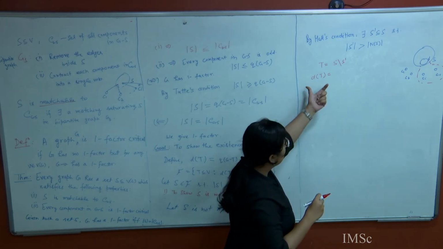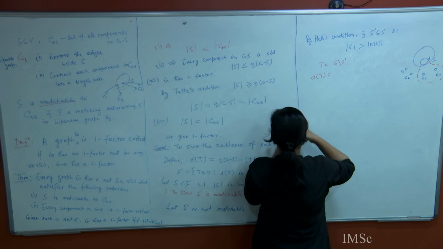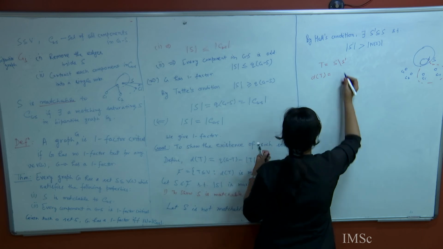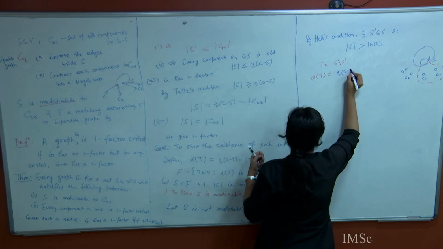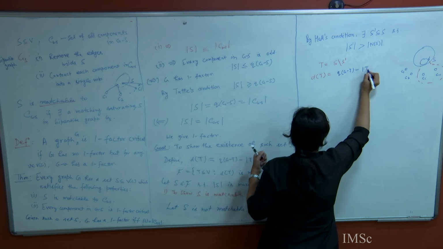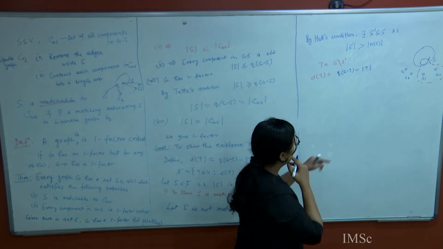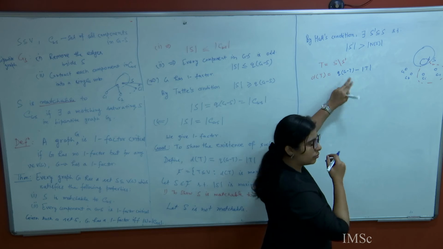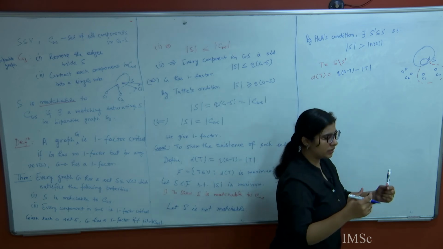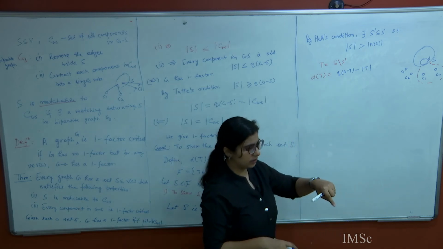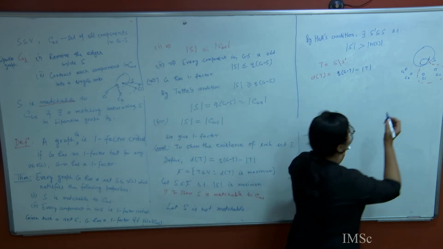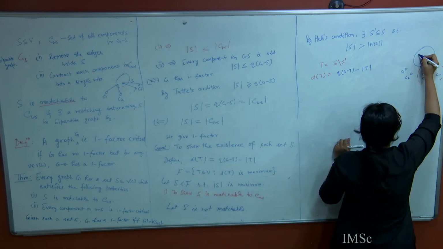So, for now, what is dt? dt is basically q of G minus T minus the cardinality of T. q of G minus T means the number of odd components in the graph G minus T. Now my T is this set, right, this portion.